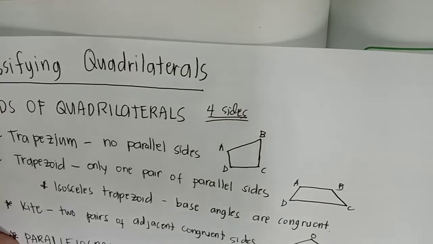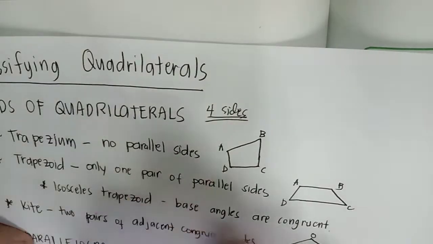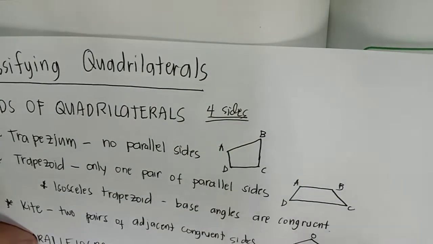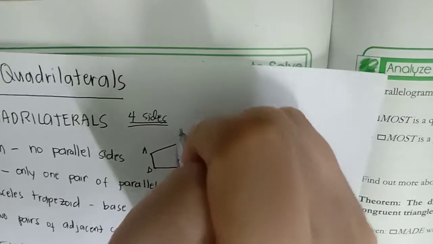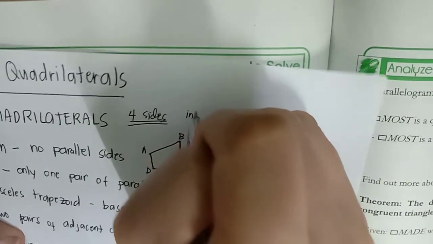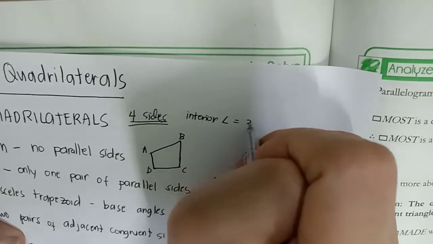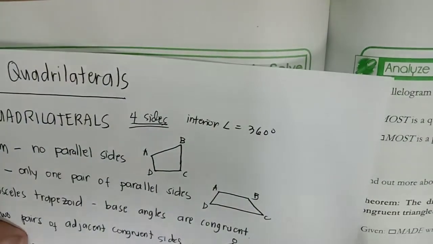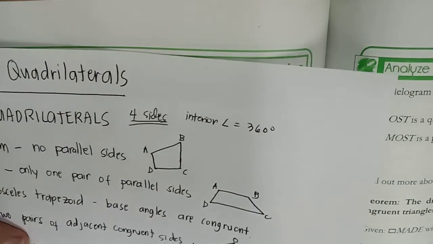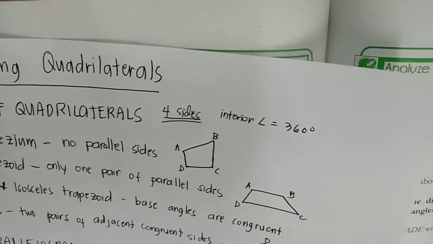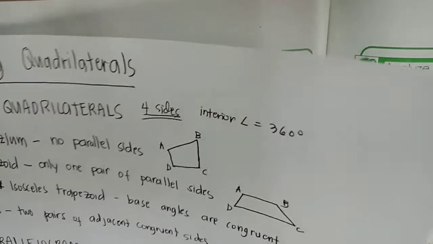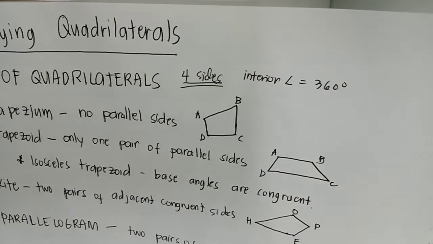That is a quadrilateral. And the summation, okay? Ang summation po ng interior angle niya po is equivalent to 360 degrees. So, sa lahat po yan ng quadrilaterals. Under po ng quadrilaterals, we have different kinds.